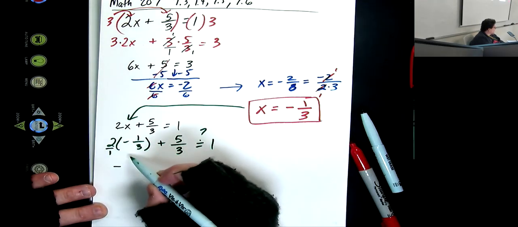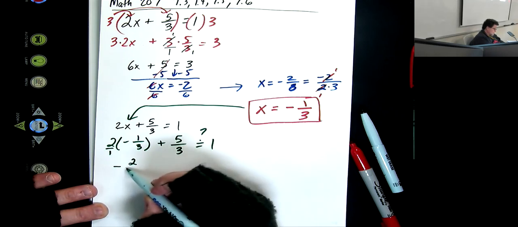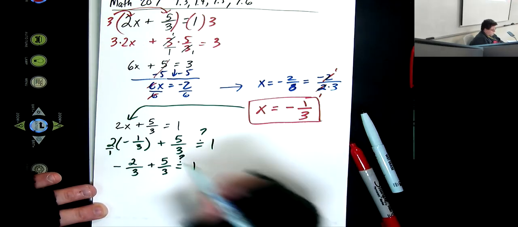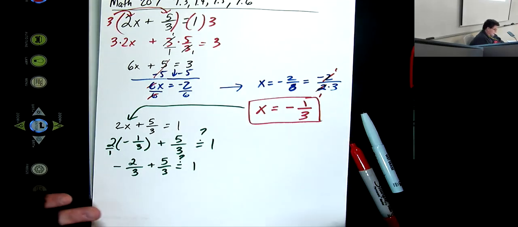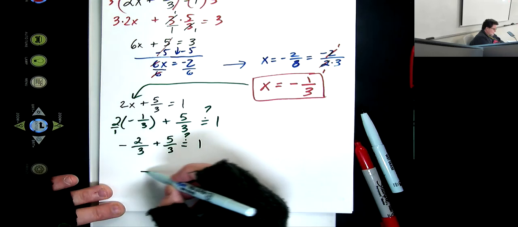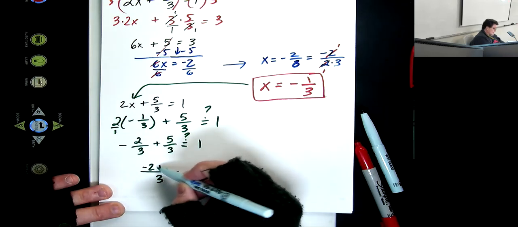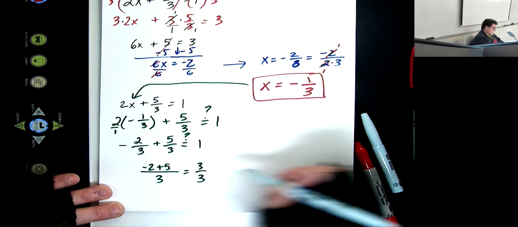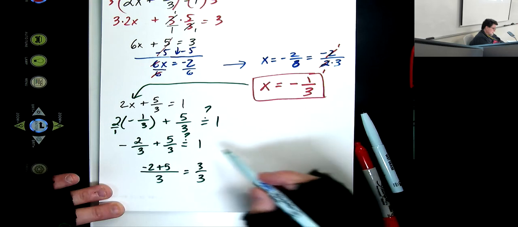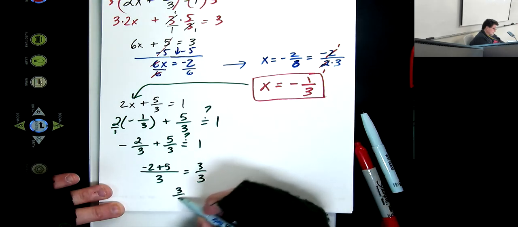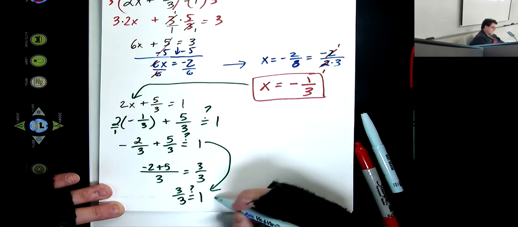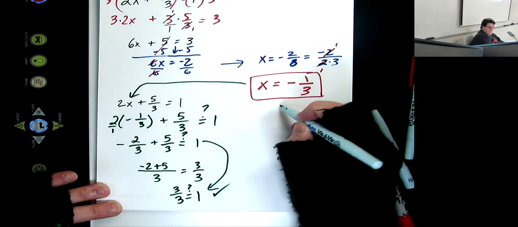I get 2 times 1 on top, which is 2, and 1 times 3 on bottom, which is 3. I'm still adding 5/3. Does that equal 1? Now they both have a common denominator, so I can put them together. I've got -2 plus 5, which gives me 3/3. I was checking to see if it equals 1, and it does. So that is the solution.